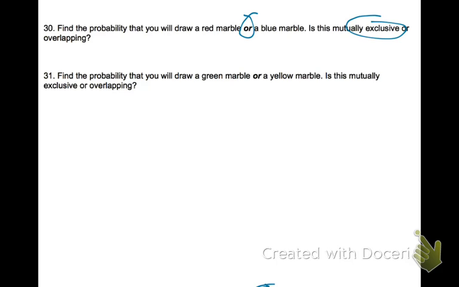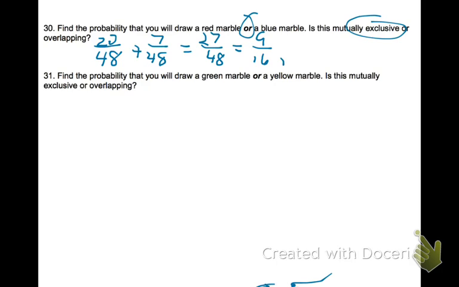So we have 20 red out of 48 total, and then we're going to add that to our probability for blue, which is 7 out of 48. So we add our numerators, 27 out of 48. We can reduce that to 9/16, which is 0.56 or 56% chance.